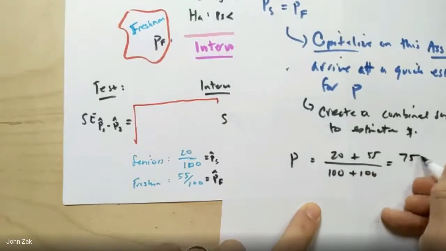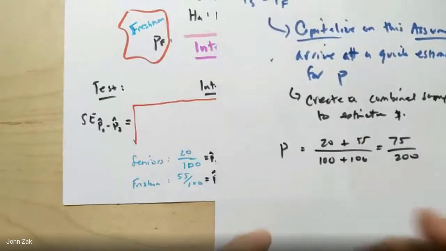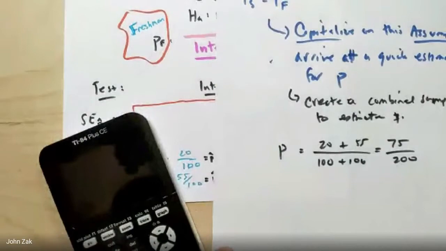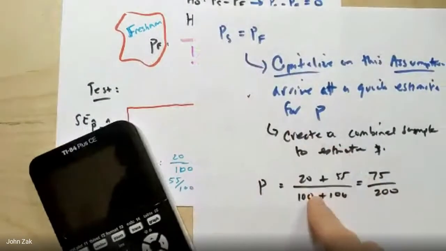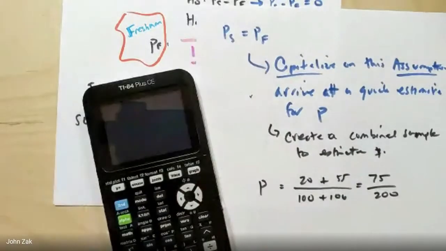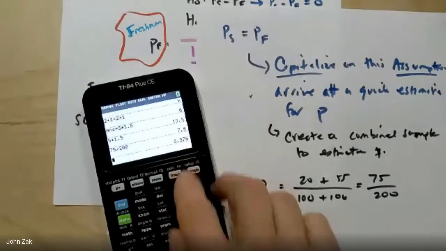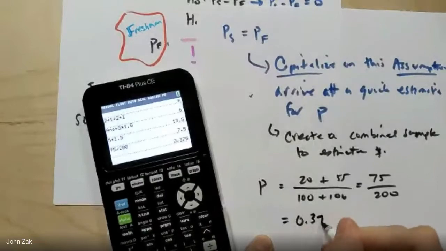So combining, I would estimate that P was something like 75 out of 200. That only works because I assume it should have been the same in seniors and freshmen, so I could combine all the results together into one big sample. And so 75 divided by 200 is 37.5%, so this would be an estimate of 0.375.